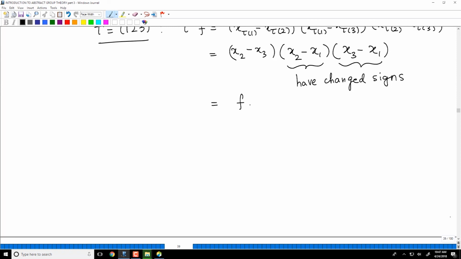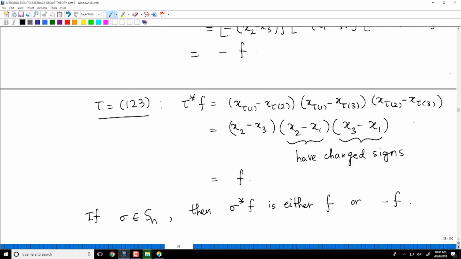So what I want to now say, and I hope you agree based on these examples, going back to the general situation: if sigma is a permutation in Sn, then sigma star of f is either f or minus f.